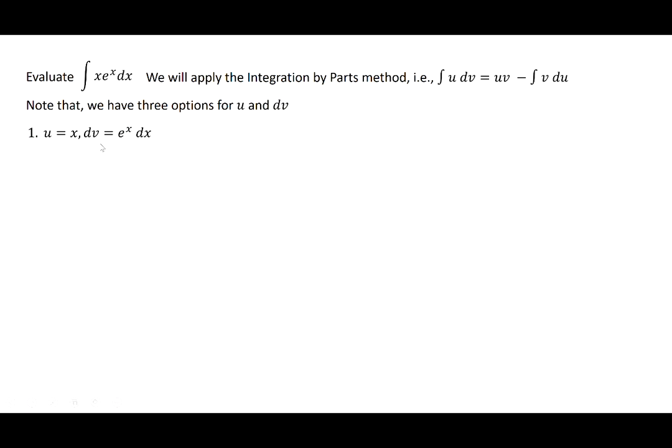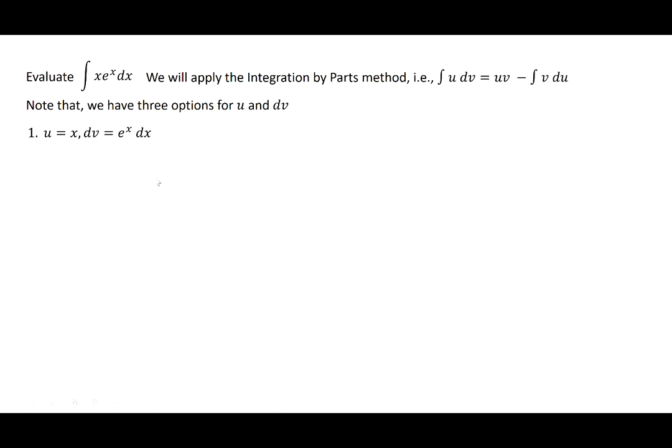When we say dv is e to the x dx, can we figure out v from it? Yeah, we can. Any idea how to do it? If you said just integrate, you are absolutely right. How would we have gotten dv in the first place? We must have had a v to begin with, and we must have differentiated that to get dv, right? For example, let's say v equals e to the x.